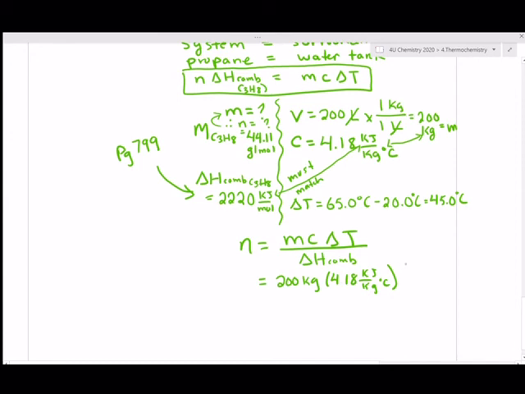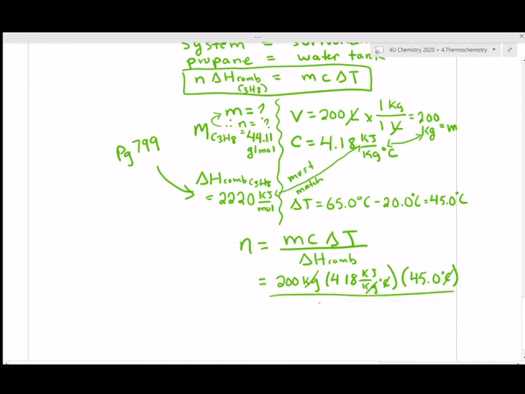And then finally times 45 degrees Celsius. And then you can see that a lot of these things are going to cancel. Like kilograms is going to cancel with kilograms on the bottom. Celsius is on the bottom. That will cancel with that Celsius. So now we've got kilojoules on the top.